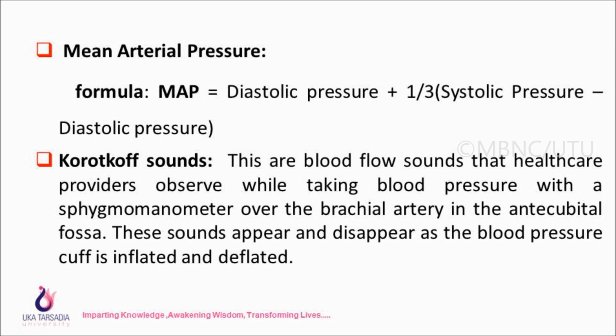These are blood flow sounds that healthcare providers observe while taking blood pressure with a sphygmomanometer over the brachial artery in the antecubital fossa. These sounds appear and disappear as the blood pressure cuff is inflated and deflated.